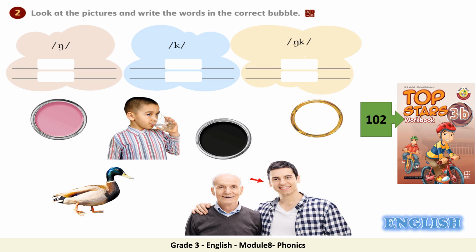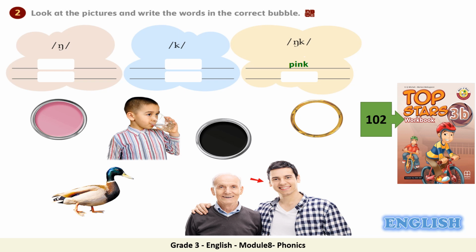As you can see, there are 3 bubbles for each sound that we have learned. I want to do the first one as an example for you. Have a look at the first picture. What color do you see? It's pink. Ink. So we are going to write the word pink in the last bubble. Can you do the rest? I am sure you can. Now pause the video, please, and continue.